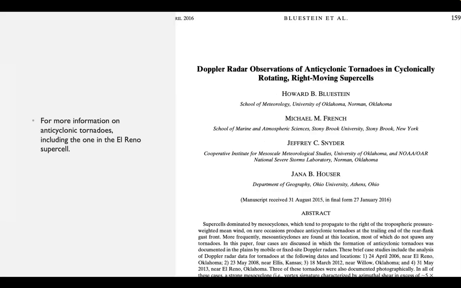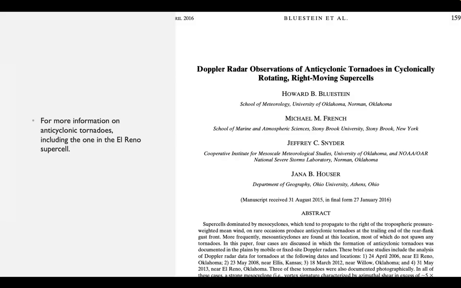And then if you want to read more information on anticyclonic tornadoes, including the one in El Reno, which is included in this paper, this is written by Howie Bluestein and colleagues back in 2016.